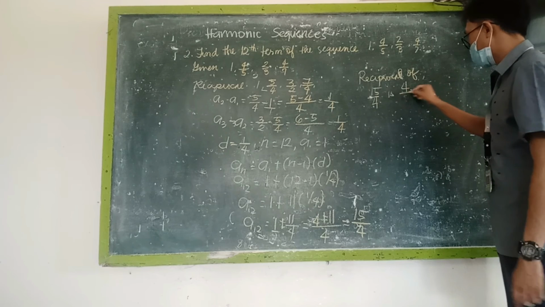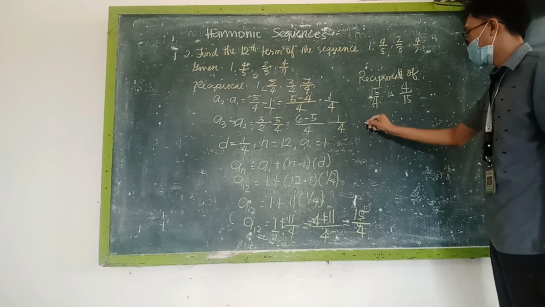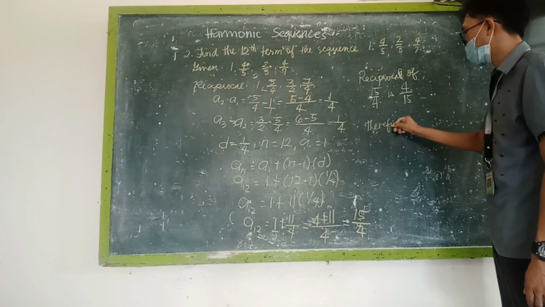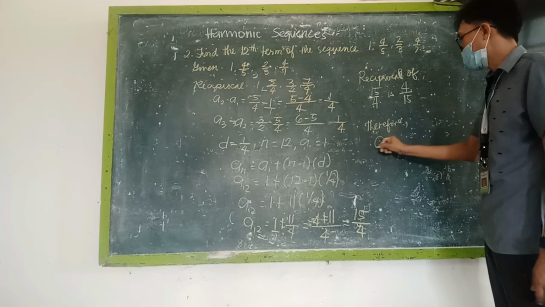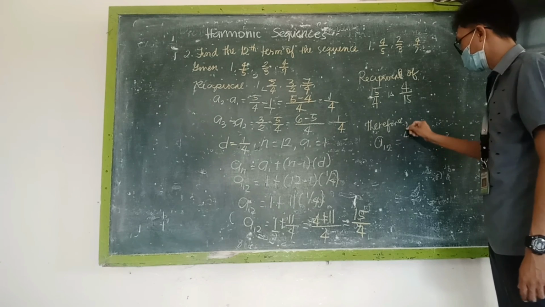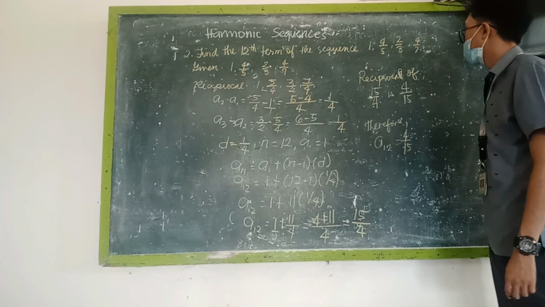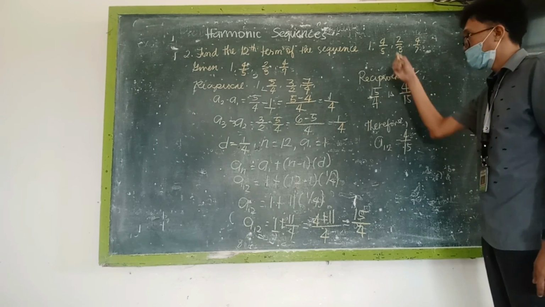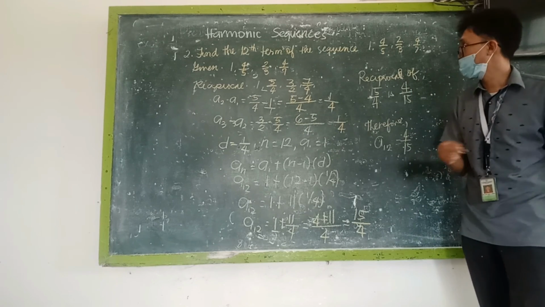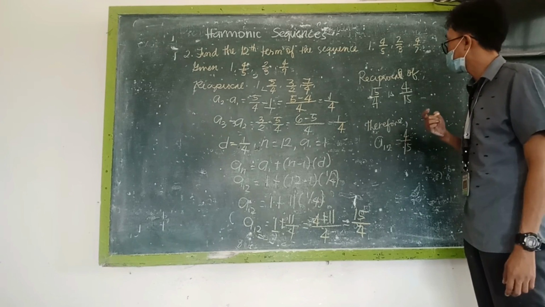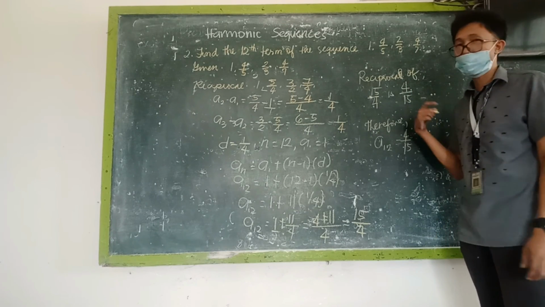So, magiging 4 over 15. Therefore, ang 12th term natin is equal to 4 over 15, which is the 12th term of the harmonic sequence 1, 4 over 5, 2 over 3, and 4 over 7, and so forth.